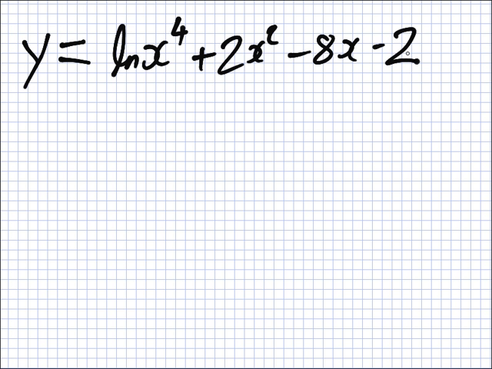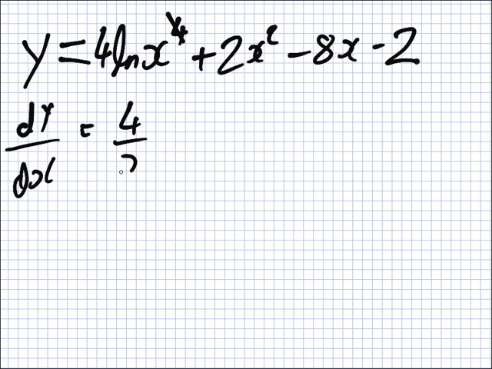All right. So, what do I do first here? Put the 4 down. Very good. Now, what's dy dx here? 4 over x plus 4x minus 8. Now, we're looking for the stationary points, so we set it equal to 0.